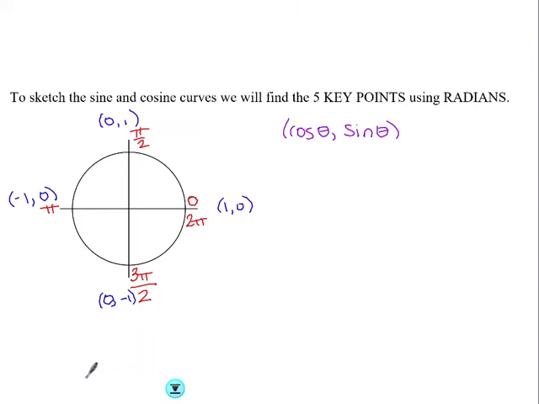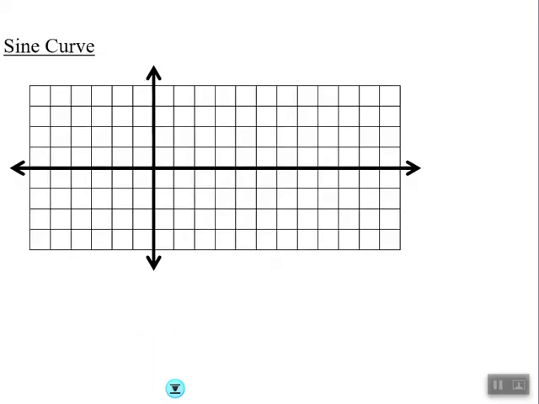So let's take a look at the graph of a sine curve. When we are graphing the sine function, remember we are looking at the y values for each of these angles.